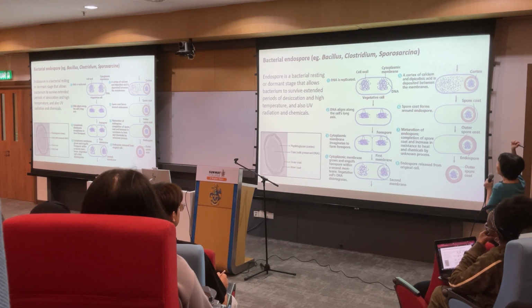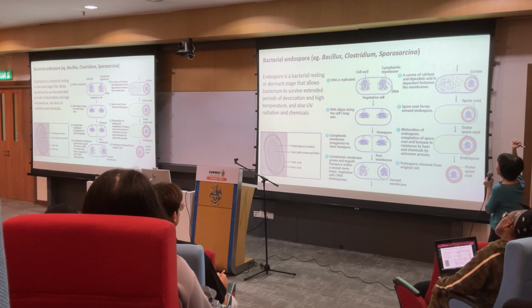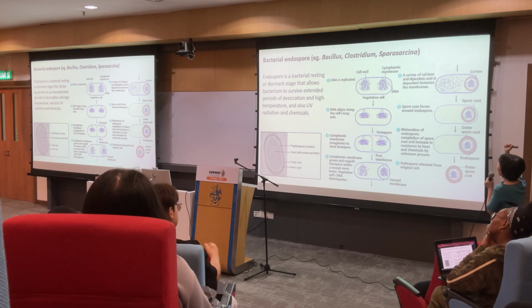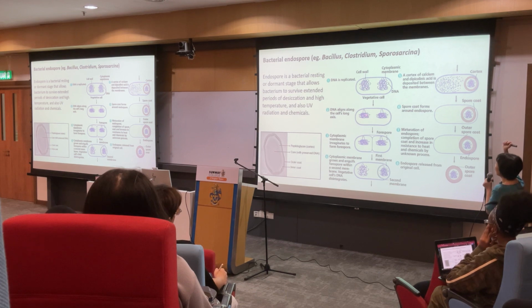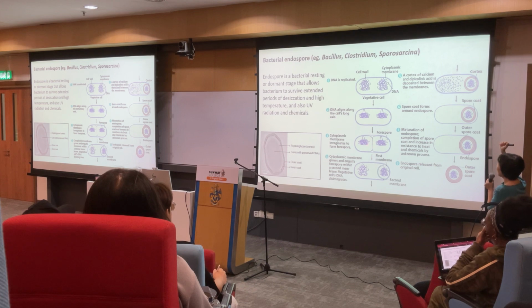In the first step, they start to replicate the chromosomal DNA into two, just like a very normal cell division. Then they separate to the two ends, and then they have a division into two daughter cells. However, only one daughter cell will form the so-called forespore.